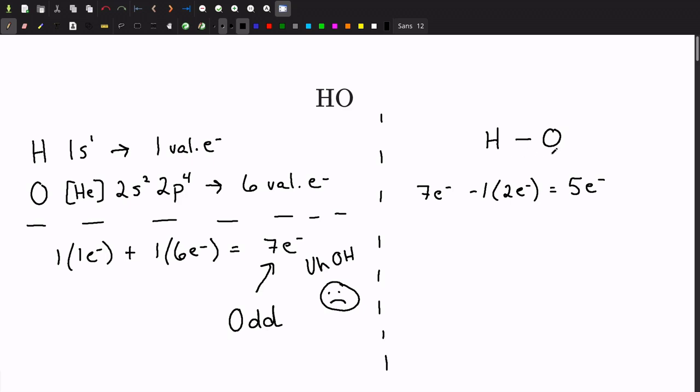We cannot place them on hydrogen, so we have to place them on this oxygen. Now, if we look at this, we have hydrogen here, 1, 2, oxygen, 1, 2, 3, 4, 5, 6, 7. This guy is not able to get his full octet.